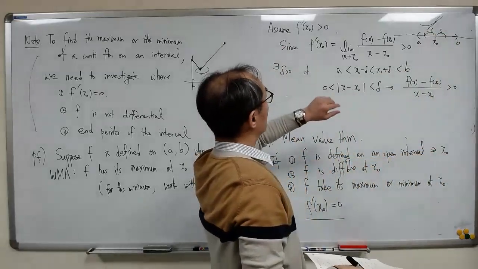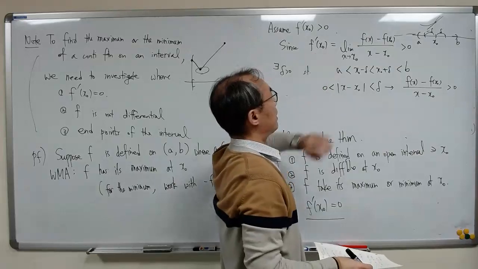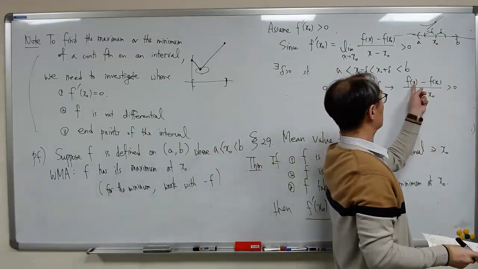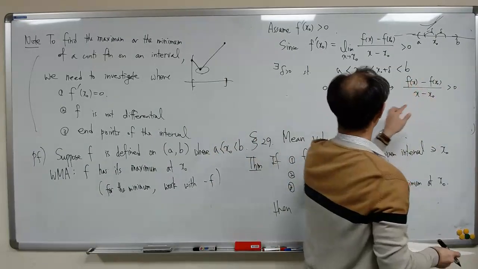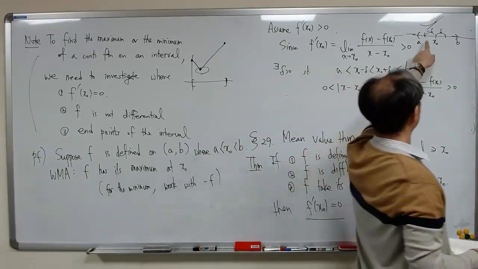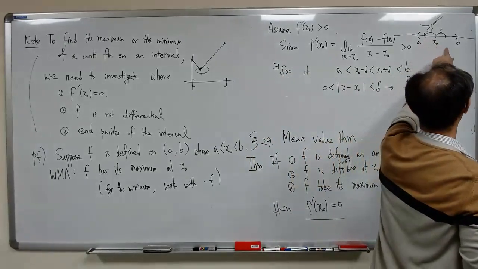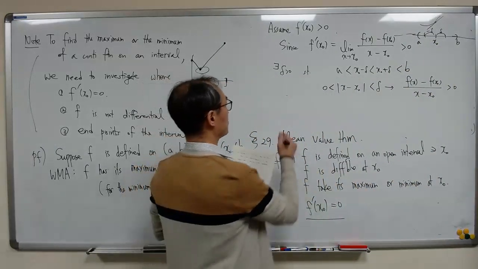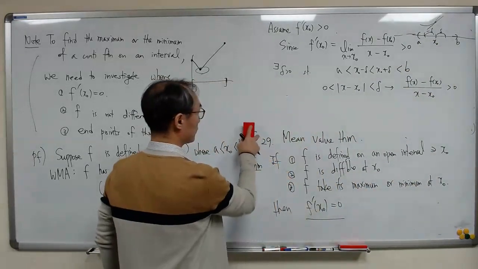Since the derivative is positive, we have this inequality for all the x that belong to this interval, from x naught minus delta to x naught plus delta. So we need more space.